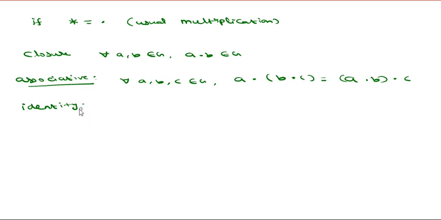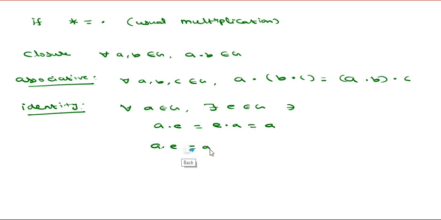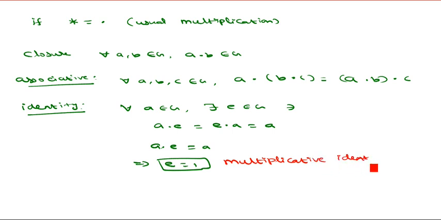And identity: for every A in G, there exists E in G such that A into E equals E into A equals A. When we take the first and last, A into E equals A, so this implies E is equal to 1. This identity we call the multiplicative identity, because this is the identity with respect to multiplication.